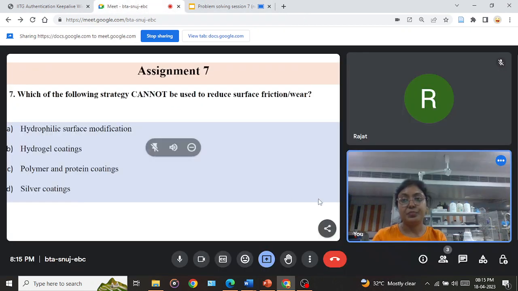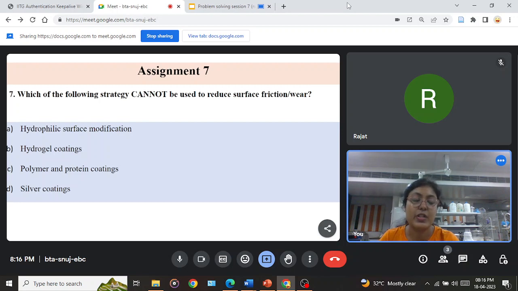Question number 7. Which of the following strategies cannot be used to reduce the surface friction or wear? So surface friction or any wear and tear caused by the implant in the body. What kind of strategy is used to reduce the surface friction? One option among these cannot be used.